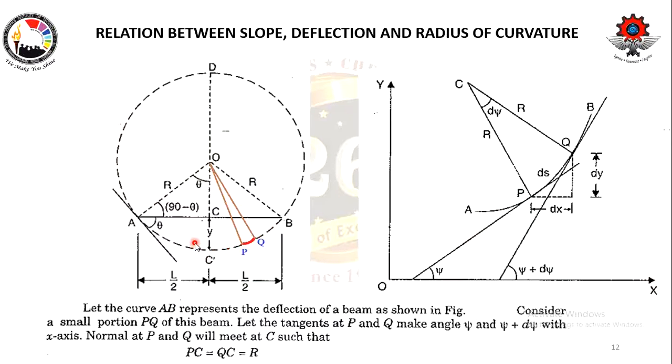I also told you this ACB is also called the elastic curve because it is getting deflected within the elastic limit, and Y is your deflection. In this case, Y is going to be your maximum deflection because the load is acting at the center, and also this slope at point A is theta.